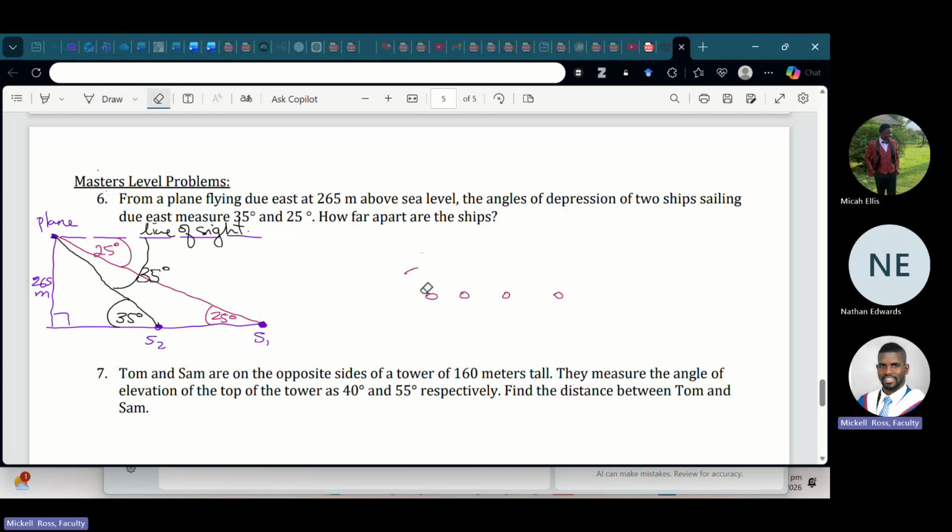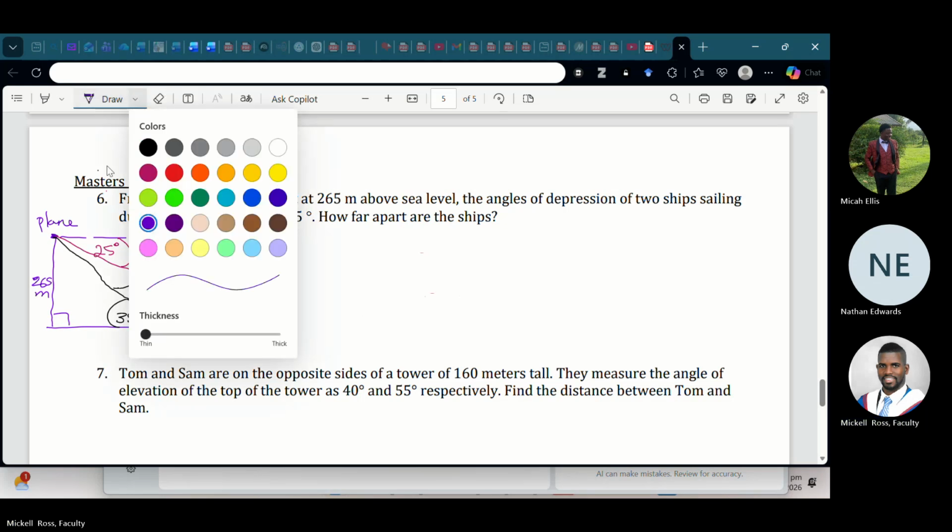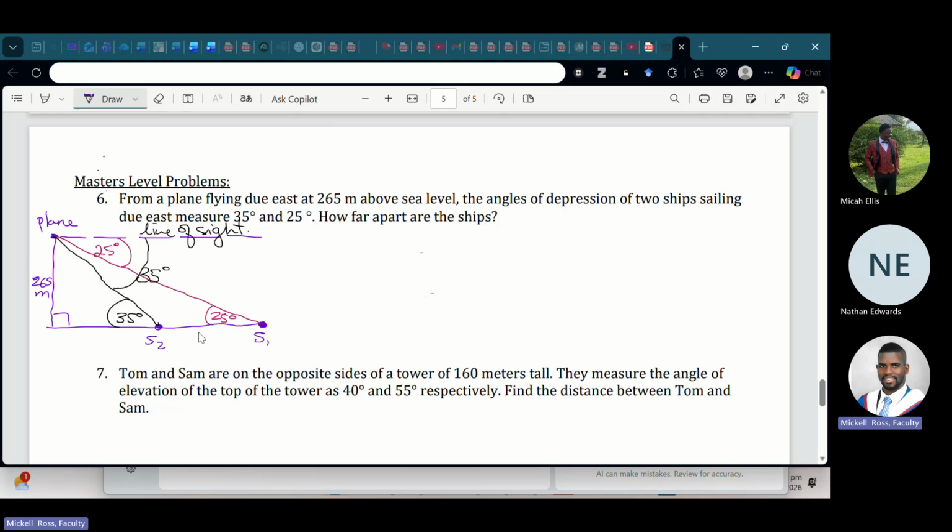So let's look at what we're working with in terms of working out this question. You'd bear in mind that it wants the distance between the two ships. So I'm going to call this distance x, and then this distance here, I'm going to call y.